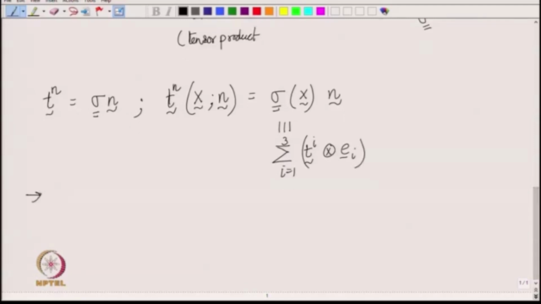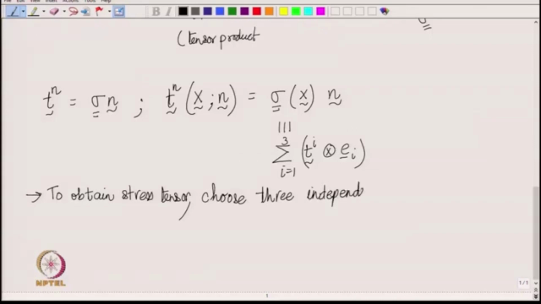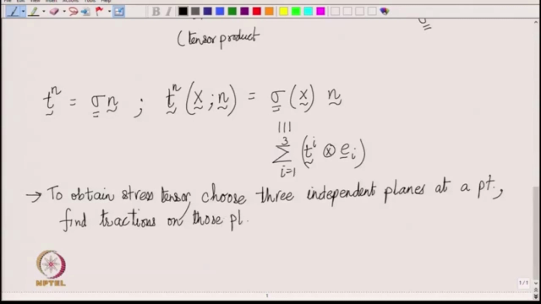So, basically, to obtain the stress tensor, choose three independent planes at a point, find the tractions on those planes, do their tensor product and sum.